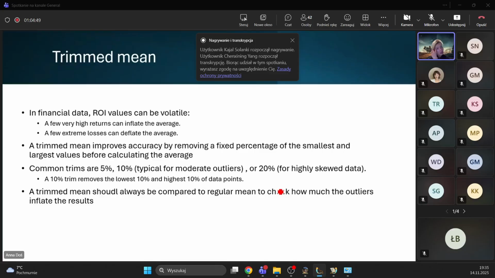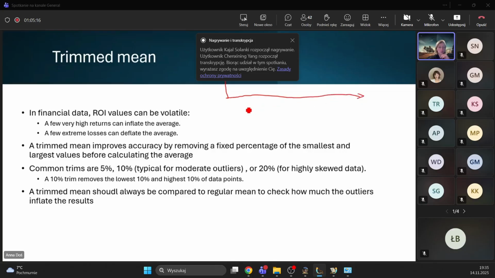Now, let's think of another mean, the trimmed mean. When is it important to use the trimmed mean? When we have outliers. For example, let's think of the rates of return for gold.